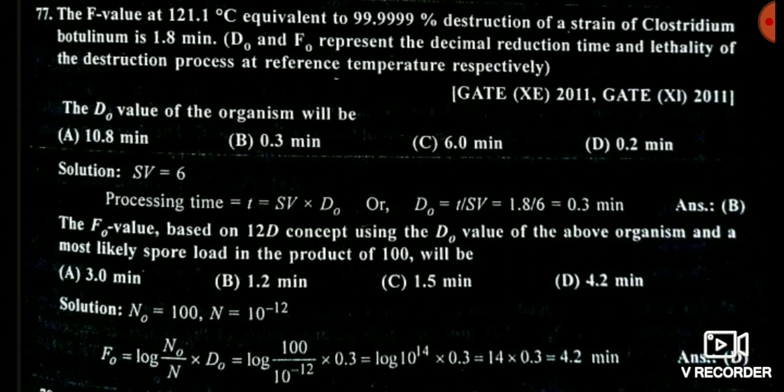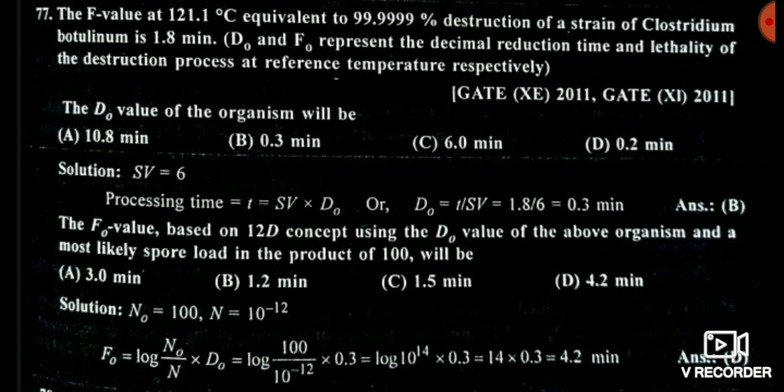You can get the D naught value, that is F by the sterilization value. The F value is 1.8, the sterilization value is 6. Means log base 10 of N naught by N naught into 10 to the power minus 6. So N naught cancels, and 10 to the power minus 6 goes upside, 10 to the power 6.